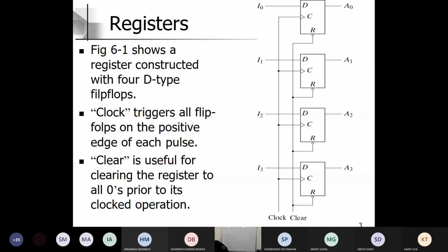Please analyze. Register means only storage. Don't change the data at all. Had it been T, the data would be changed. JK, data will be changed. SR also, data will be changed. Only the best option is the D flip-flop. Is that correct? Does everybody agree?